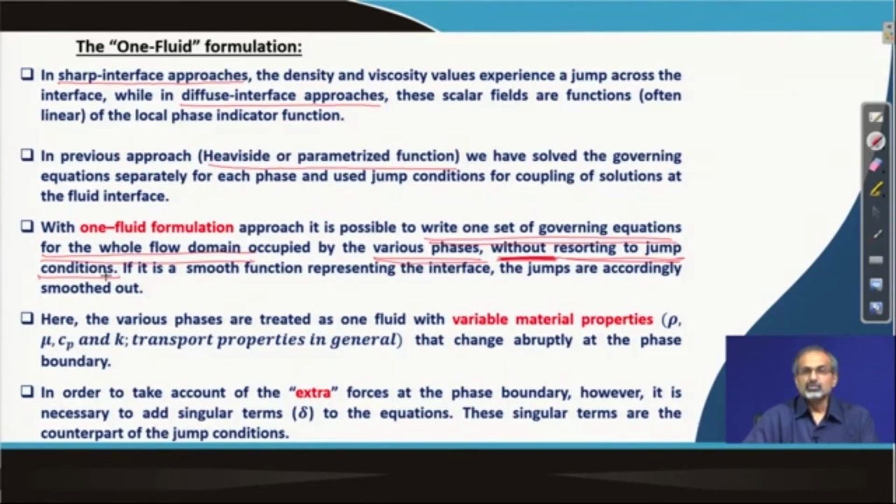So, it is a smooth representation of the interface, and accordingly the jumps will be smoothed out in a certain manner, so that we continue to use the single set of governing equations with a smoothed out version of jumps, and we do not enforce the jump conditions per se.